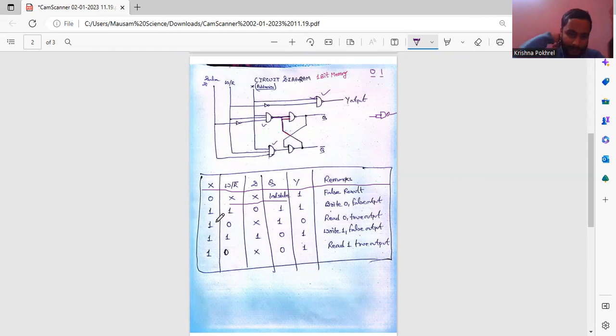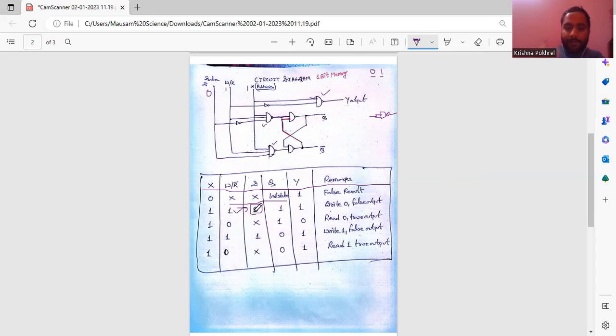And the next thing is that we'll give 1 1 0. That means the address will be 1, read/write will be 1, and data will be 0. If the read/write term is 1, then we are writing data into memory. What data are we writing? We are writing this data, 0. D means 0. In this case, if read/write is 1, we are writing the data, which is 0.